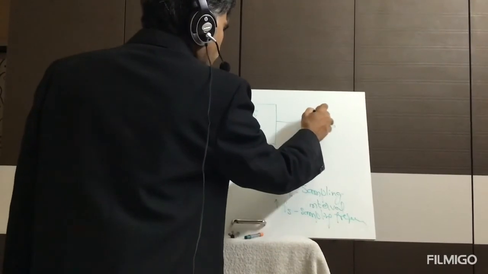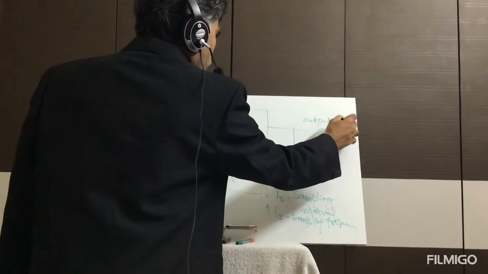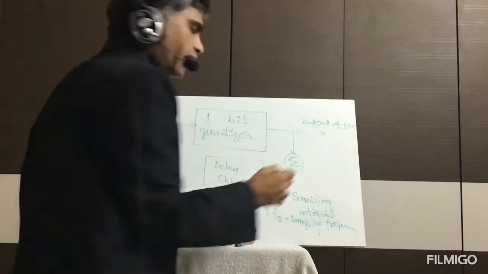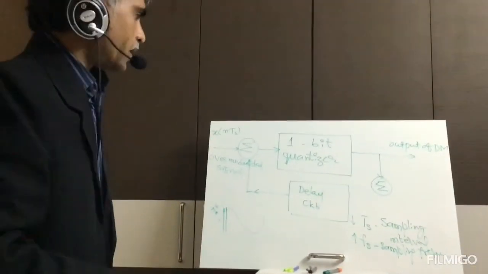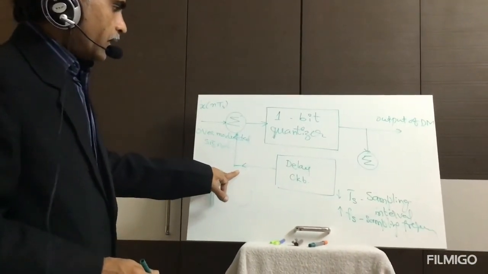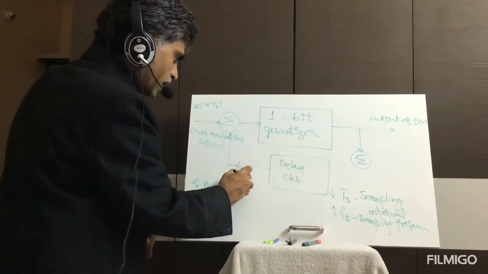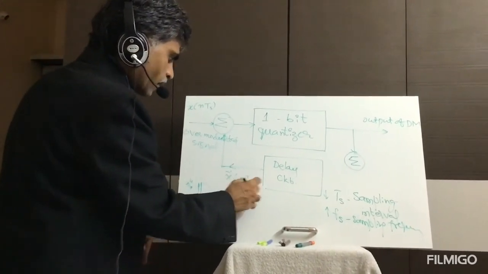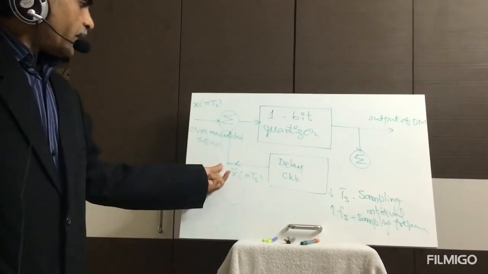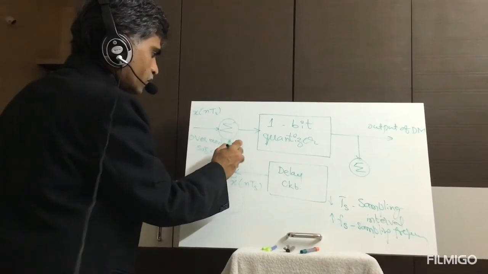This is the quantizer output or output of delta modulator. DM stands for delta modulator. So x of nTs is the input signal, and the output of the delay circuit I'll indicate as x tilde of nTs.